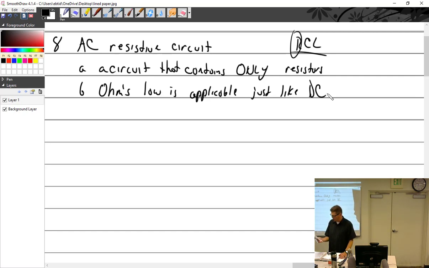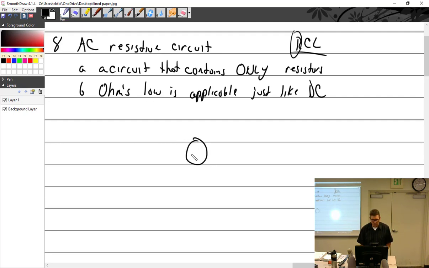No, let's not do an example, because we've done 100 of them already. When I say it's exactly like a DC circuit, I know this class knows what I'm talking about, and you know how to do a DC circuit. The only difference is, instead of a battery, we get rid of the battery and just put a circle with a sine wave, and that means AC.